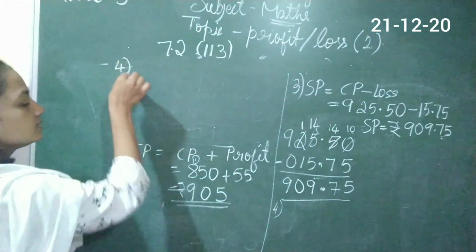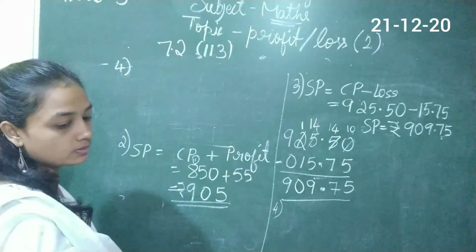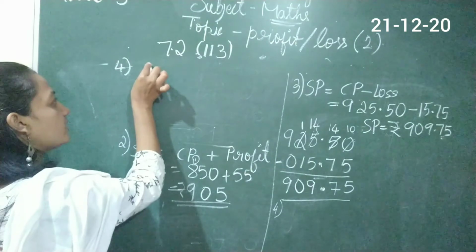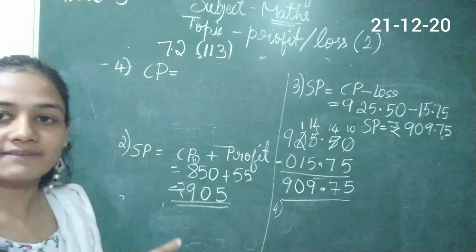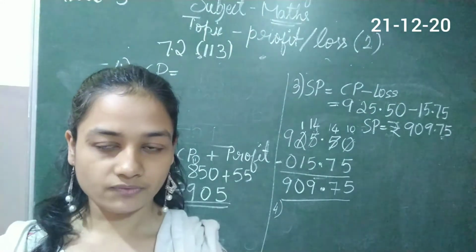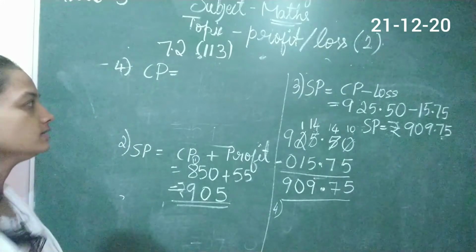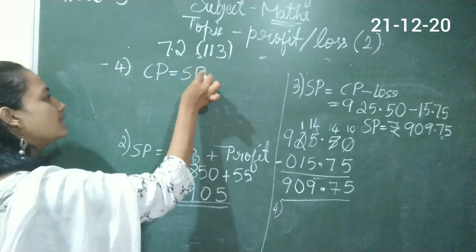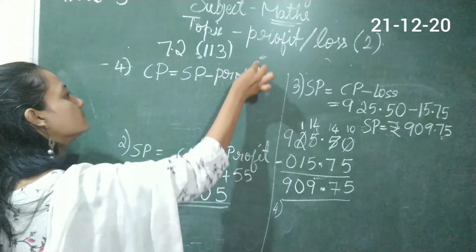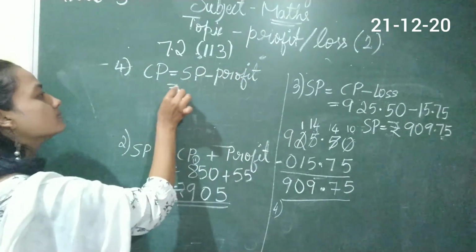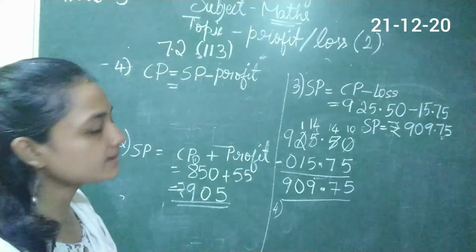Fourth one, when you have selling price and profit, what is the formula for finding the cost price? You have to find the cost price and they have given you the selling price and profit. So, for finding cost price when profit is given, you have to subtract the profit from the selling price.